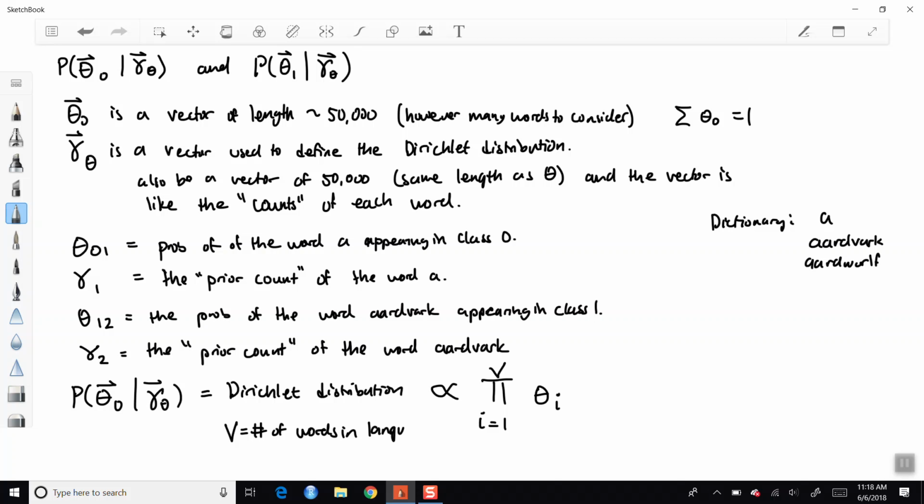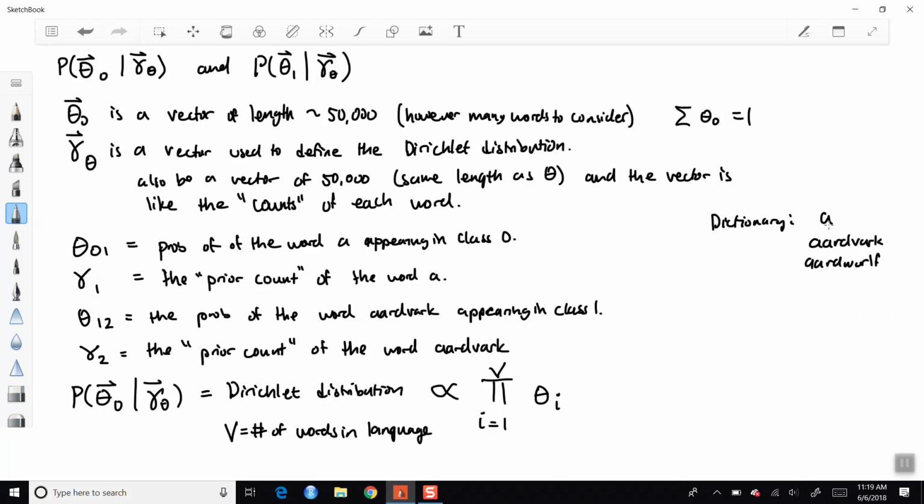So I'll just say V is the number of words in the language, and maybe we're only going to consider 50,000 words, because chances are when you do analysis, you usually throw out the stop words. Words like a, the, and is generally do not contribute towards classifying a document, so you throw those out.